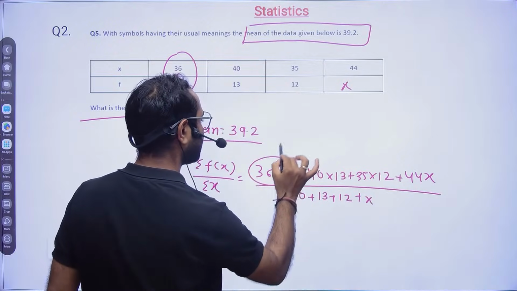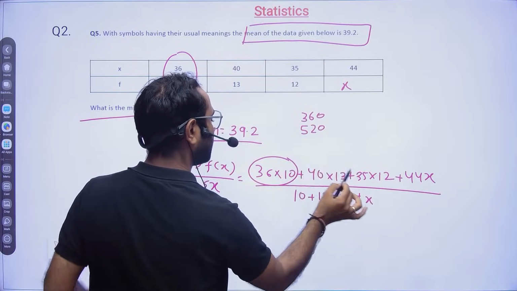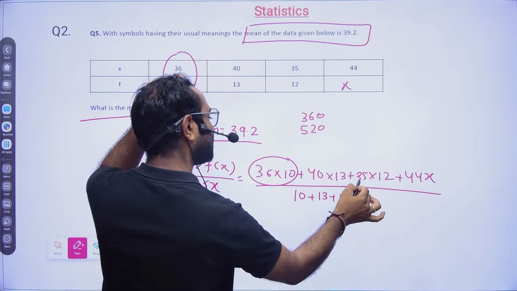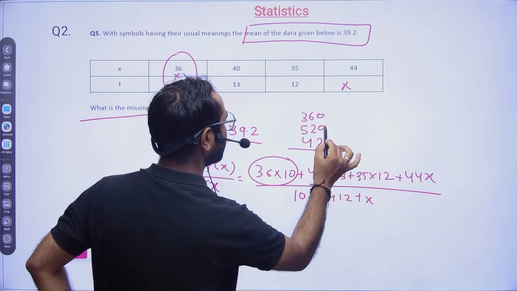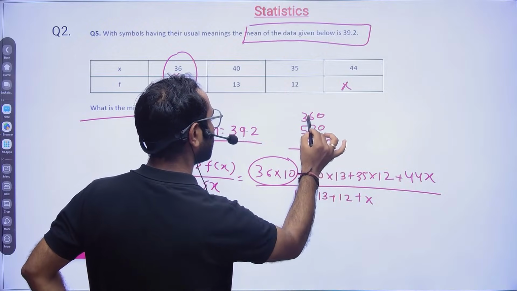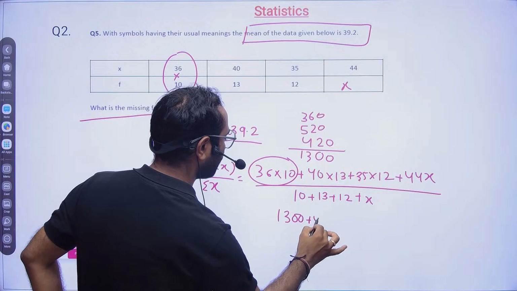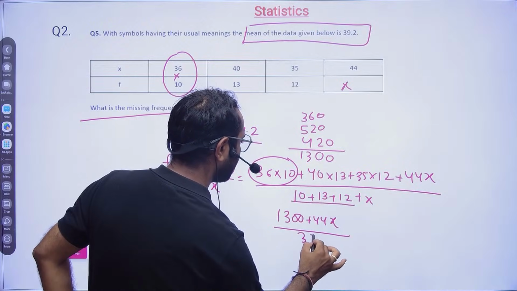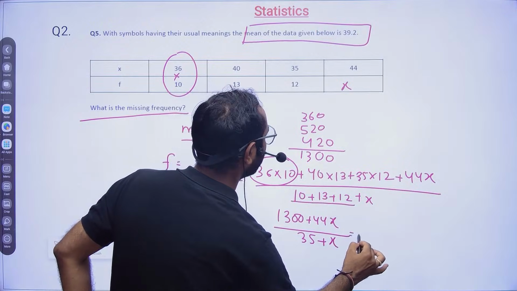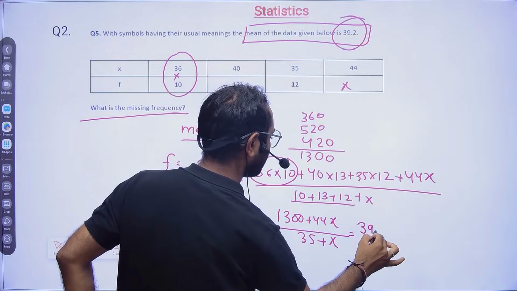So this is 360, this is 520, and 35 into 12 is 420. So 360 plus 520 plus 420 gives 1300, plus 44x, divided by 35 plus x, will be equal to the mean, which is given as 39.2.